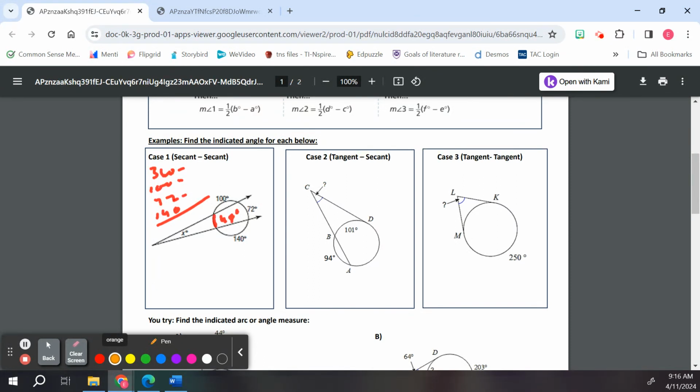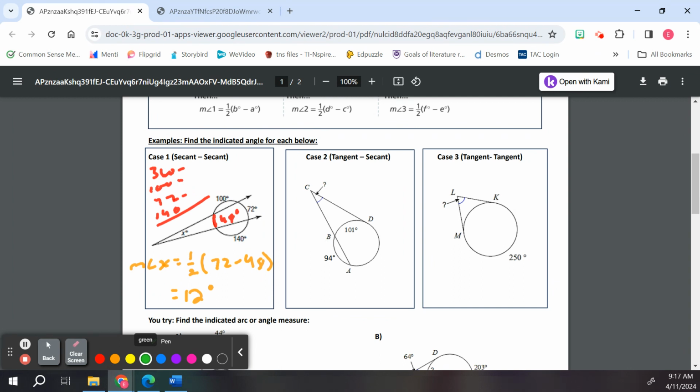Now, in order for us to find the measure of angle X, we do 1/2 times 72 minus 48. Put that in your calculator, you should get what? 12. Nice job. So 12 degrees. Any questions?